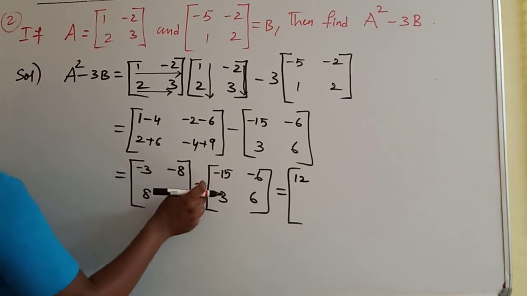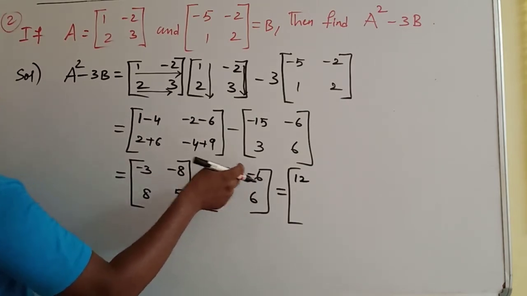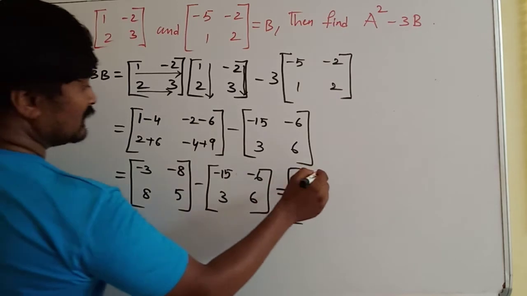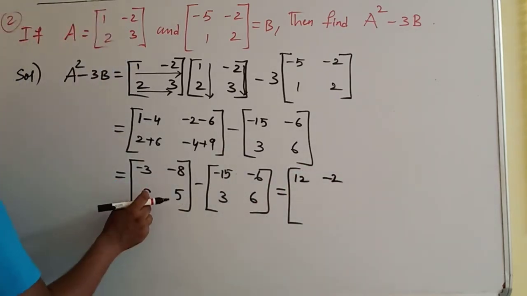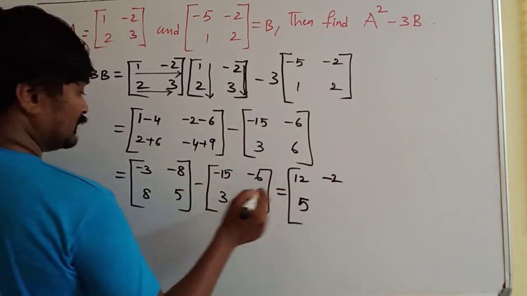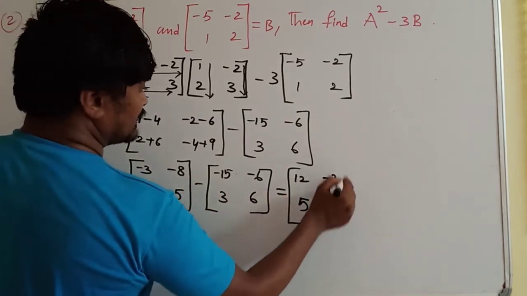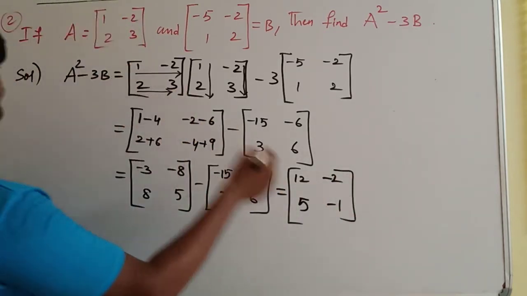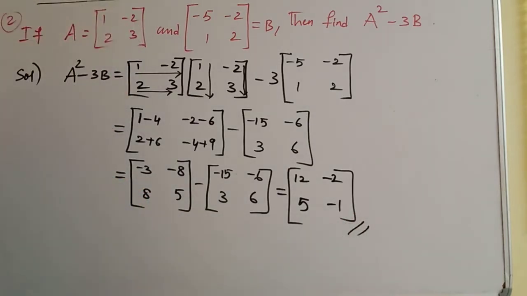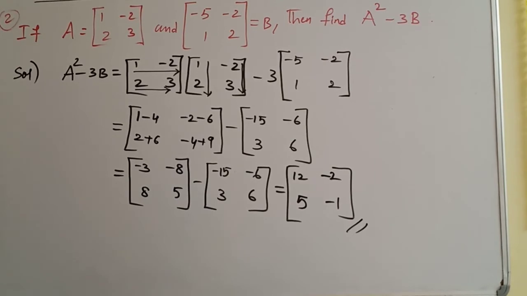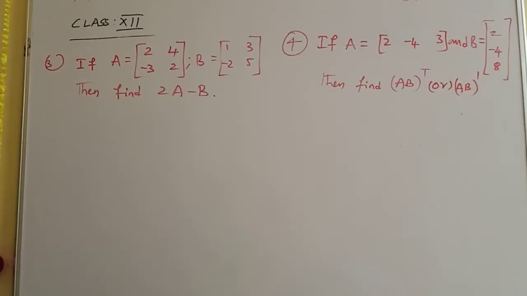Next, minus 6 minus of minus 6 is plus 6, so minus 6 plus 6 is 0. Then 8 minus 3 is 5, and 9 minus 6 is 3. So that is your answer. Like this you have to solve your second problem. You get the answer as [12, 0; 5, 3].